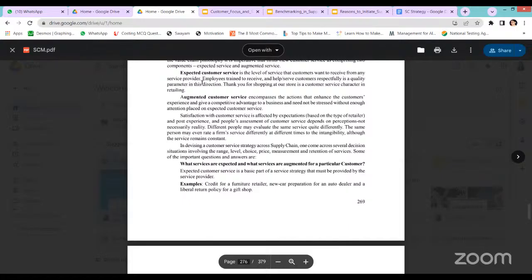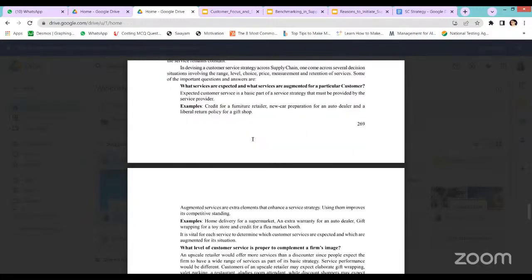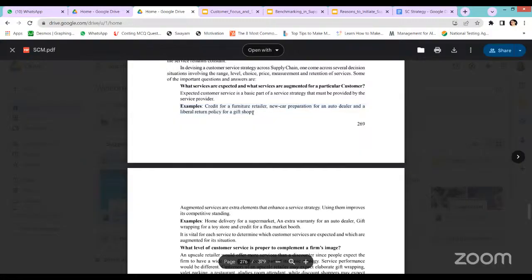So if a DMart provides you online delivery or home delivery systems, customer follow-ups, all these services will increase the organizational success, right? So you can give so many examples, like a furniture retailer who has service augmented for a particular customer.